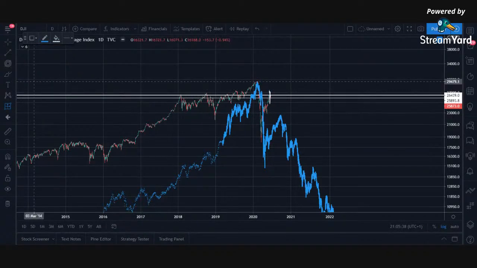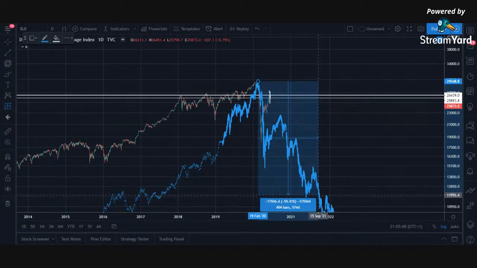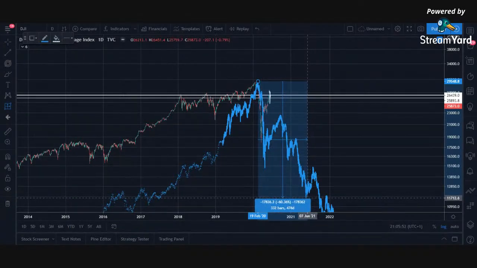So if we would follow this timeline here, which looks like it's happening actually faster, that means that we should see a lower bottom on 28th of May 2021, but like I said, this move is happening a lot faster.